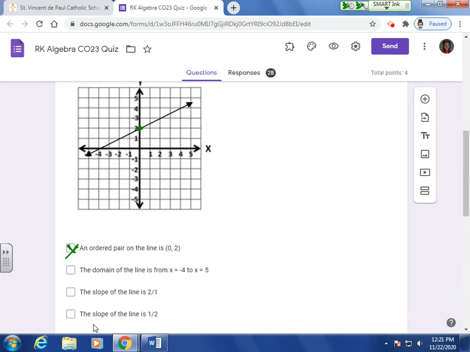So going back to domain and range a little bit, remember the domain is all the x values represented by this relation.